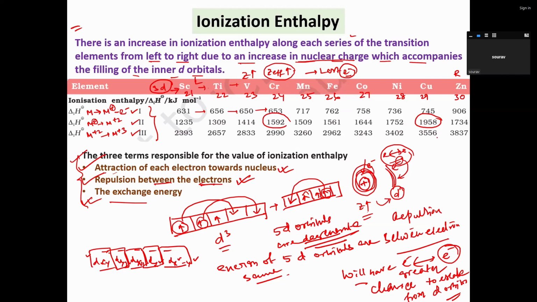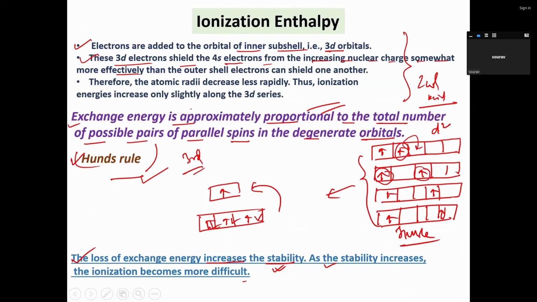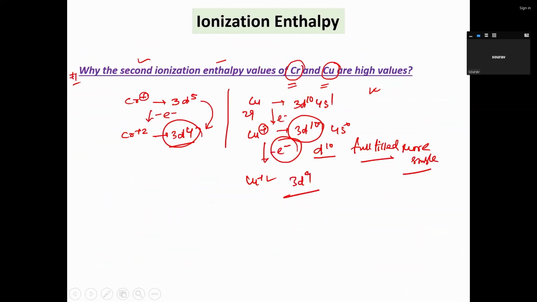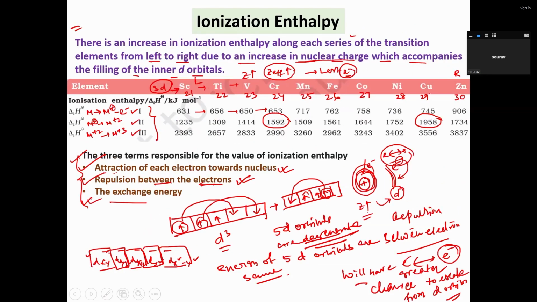So first is copper, because one electron is removed from the full-filled. For chromium, one electron is removed from the half-filled, and we know that full-filled is more stable than half-filled. That's why for copper the second ionization enthalpy value is higher than the chromium case: 1958 kilojoule per mole versus 1592 kilojoule per mole.